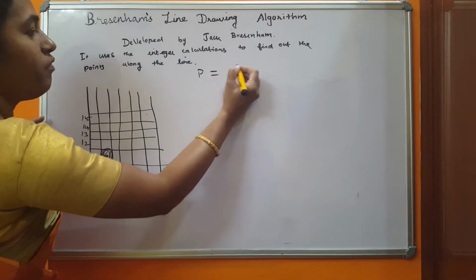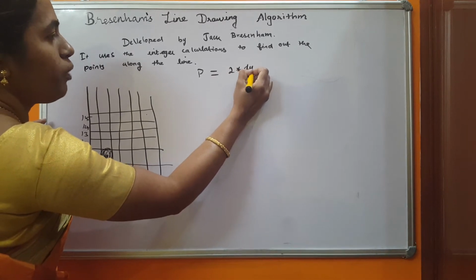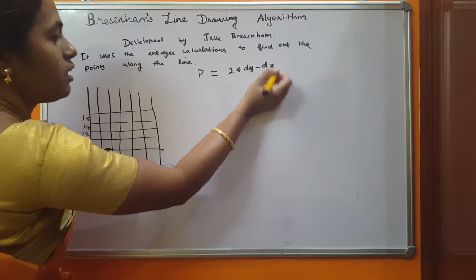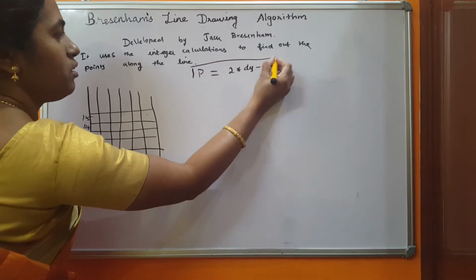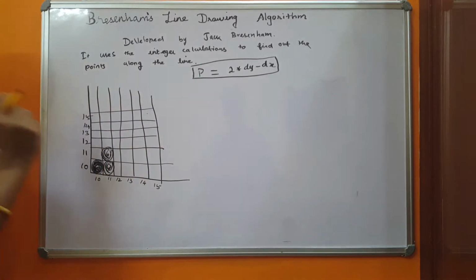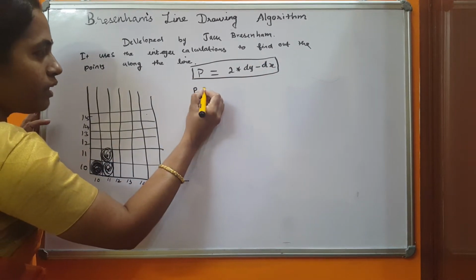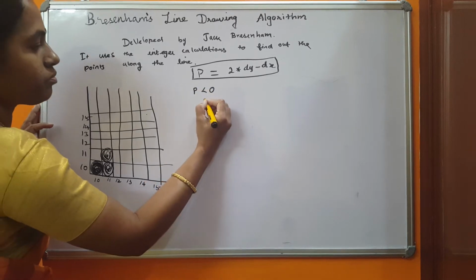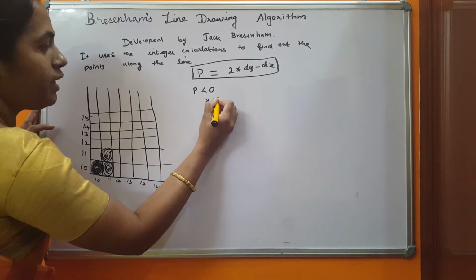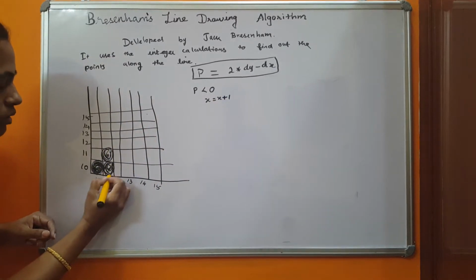The initial P value equal to 2 asterisk dy minus dx. Dy is difference of y value, dx is difference of x value. Suppose P less than 0, x only incremented, y is not incremented, so next point is this point.